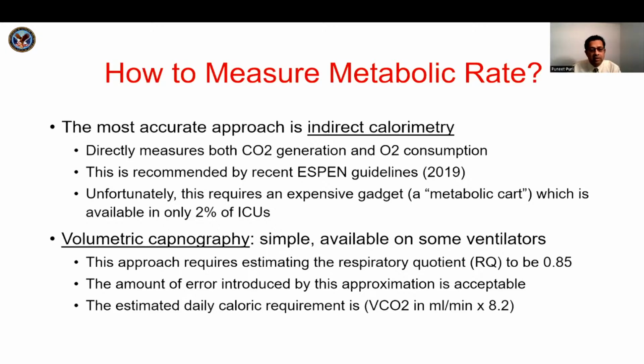An alternative is volumetric capnography, which is supposedly simple and is generally available in some of the ventilators, I think from a German make. This approach requires estimating the respiratory quotient, or RQ, to be 0.85. The amount of error that is introduced with this approximation is within acceptable limits. Based on that, an estimated daily caloric requirement can be calculated by measuring the VCO2 in ml per minute times 8.2.